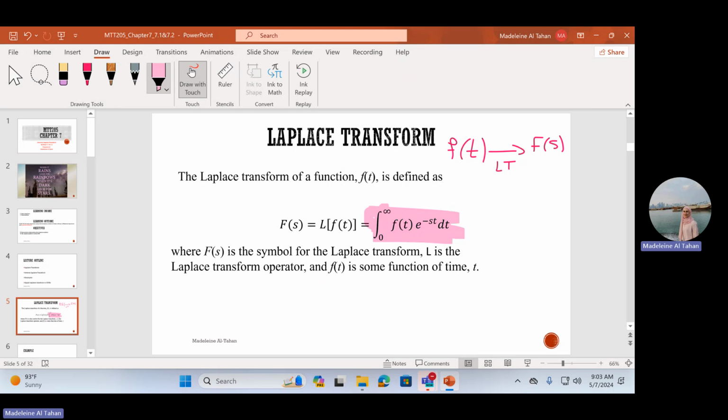From where will we get the s? We are integrating with respect to t and substituting the boundaries for t, so s is kept as a constant with respect to t. This formula will apply for more than one function, and then we will explain other things. Please write the formula.